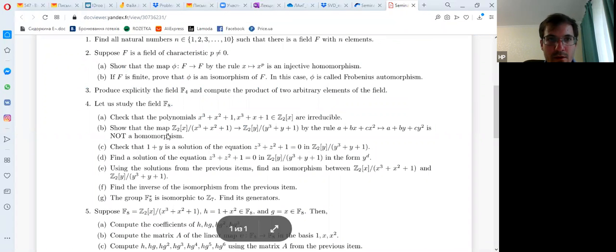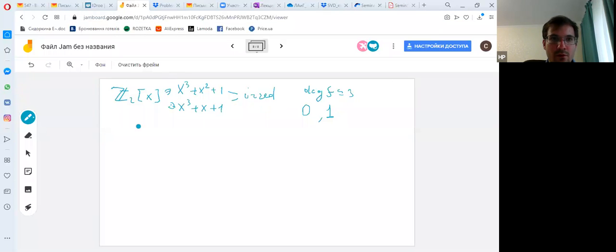Point B, show that the map by this rule is not a homomorphism. Okay, we have two constructions, the first, this one, and this one.